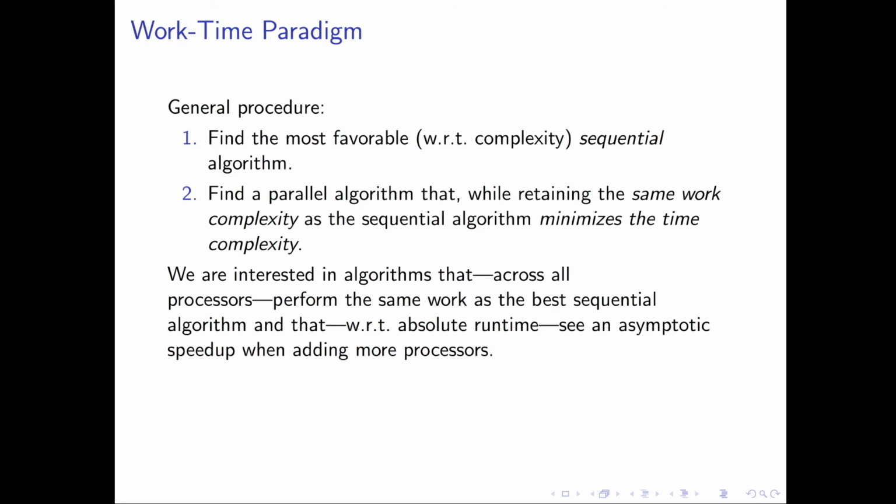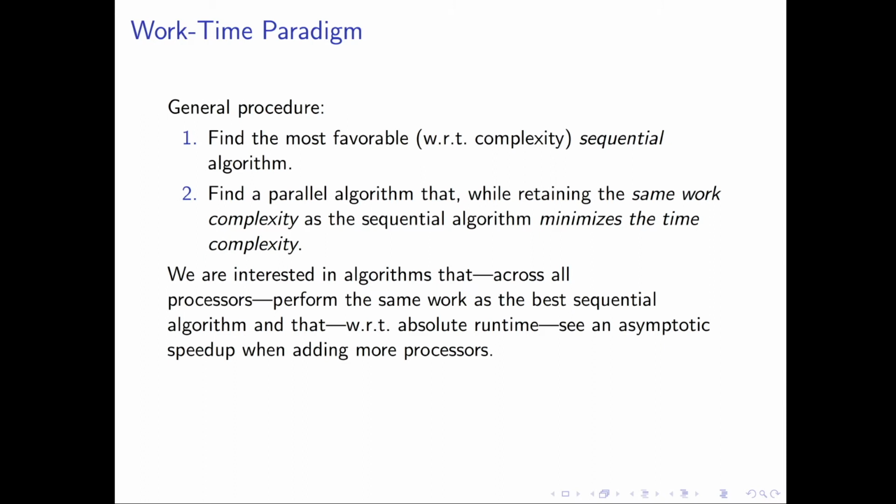And with that, we have the general procedure when we design a parallel algorithm of first finding the most favorable sequential algorithm, and then finding a parallel algorithm that will try to retain the work complexity of the sequential algorithm, that will do the same work but minimizes the time complexity.